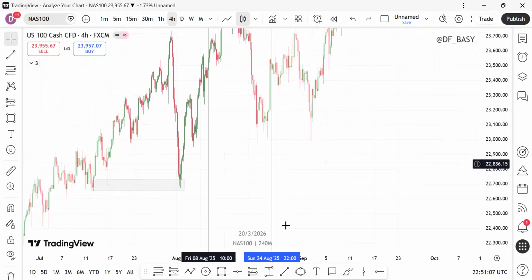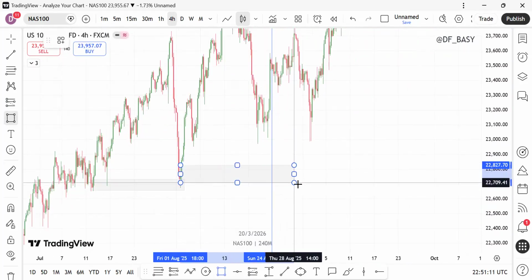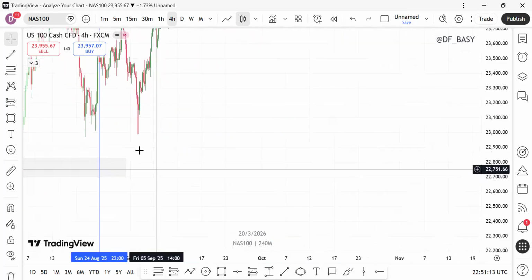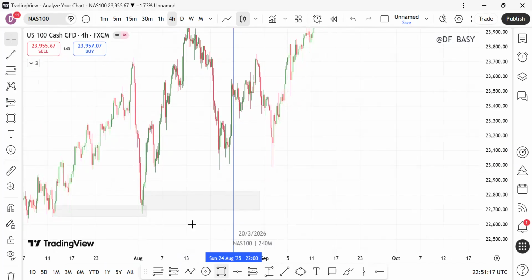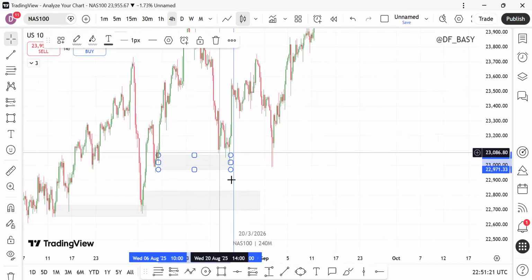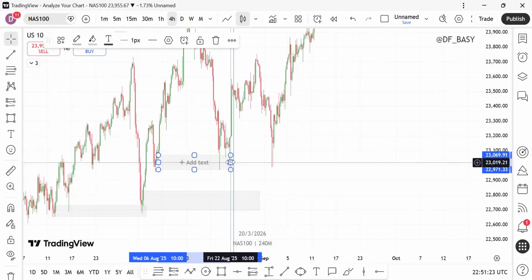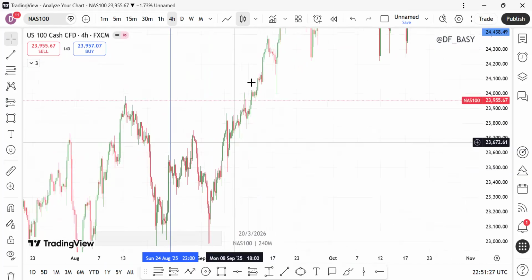This would have been my desired block to buy from, but the market didn't mitigate. Where's the nearest block? You see, the market respected this block. It tapped. I wouldn't have gotten in because I was expecting the market to tap here. But where I would get in is here, the second tap, and you ride it to the top.